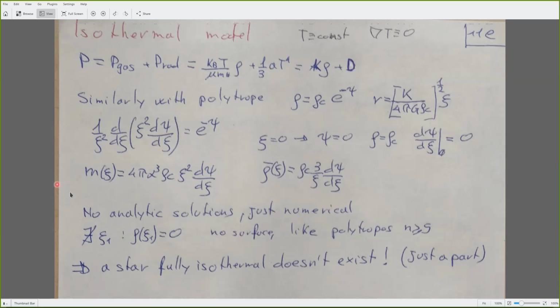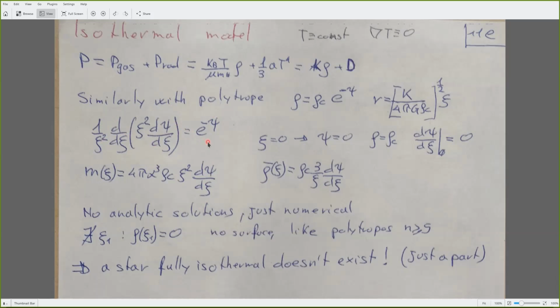Doing the calculation, we have this result for the mass and the mean density. Mainly, we saw that the mass goes with the square of the distance, which means that it increases continuously.